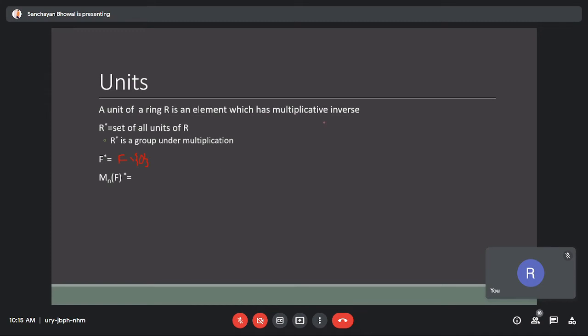These are the non-singular matrices with entries taken from F. This is nothing but the GL_n group, or general linear group, which takes its entries from F. And as you can see, this also forms a group. Now I will leave this as an exercise. You can try this out: what are the units of this ring, that is, the formal power series?